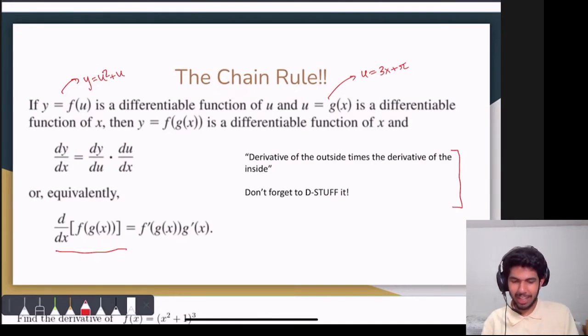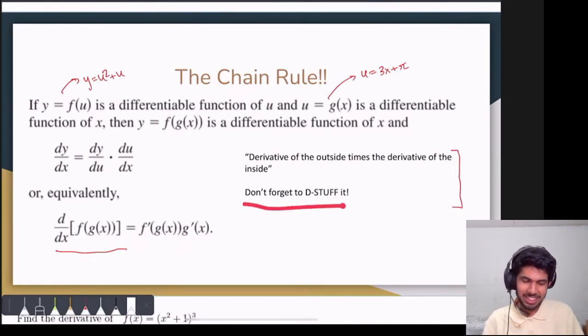We can see that here, right? The outside is f of x, and the inside is g of x. So we take the derivative of the outside. That's why we have f prime. But the inside is still g of x. And then after we take the derivative of the outside, we multiply it by the derivative of the inside.